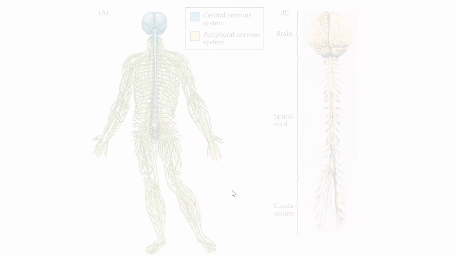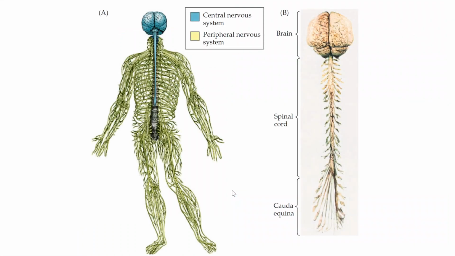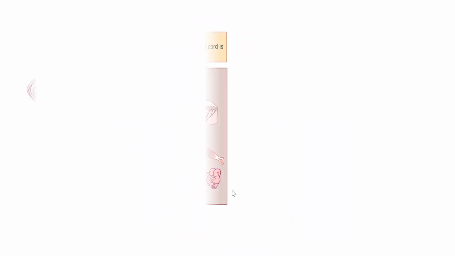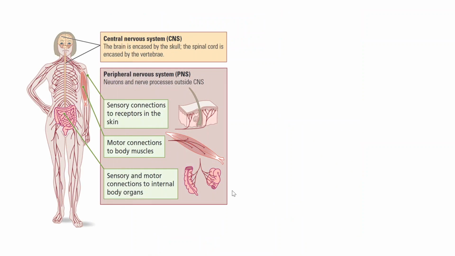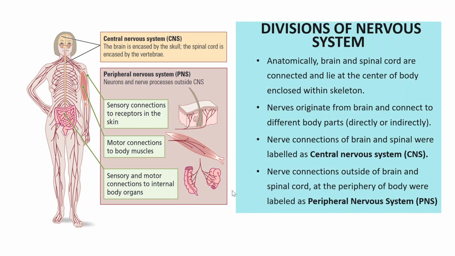Obviously, when you draw out nerves in the human body, you come up with two systems. One is the central nervous system, the other is the peripheral. The central nervous system is in the middle of the body, and the peripheral is on the proximity, or on the sidelines. Okay, so the central nervous system mainly contains your brain and your spinal cord.